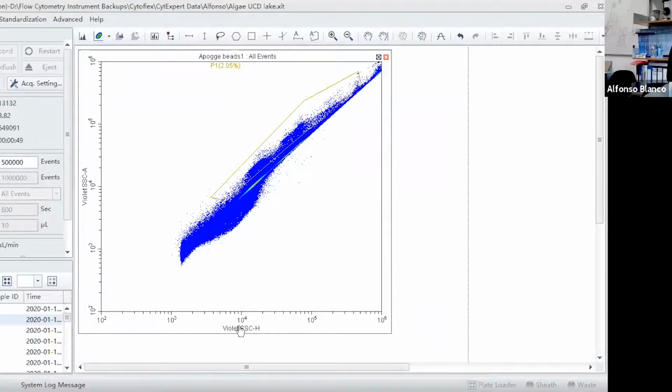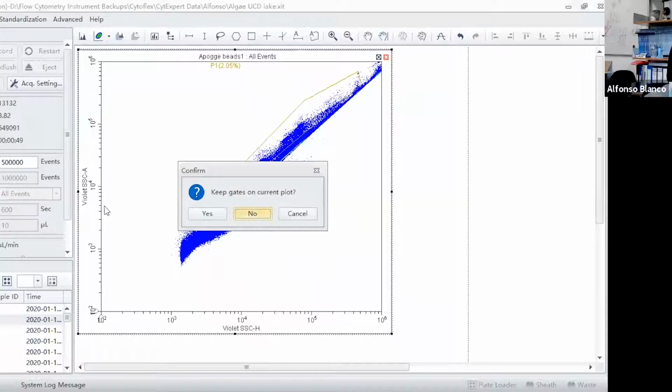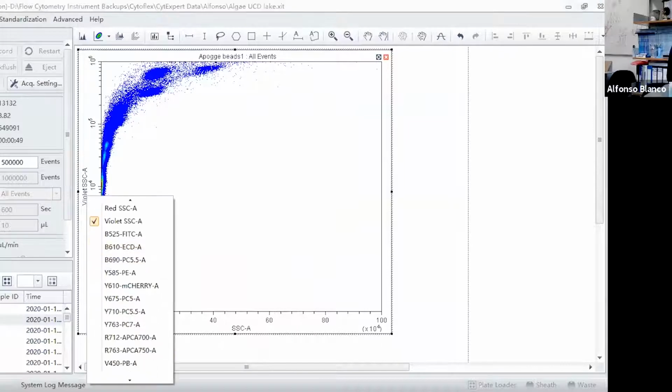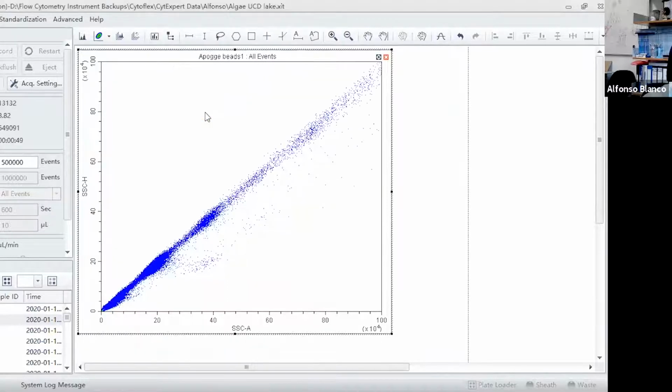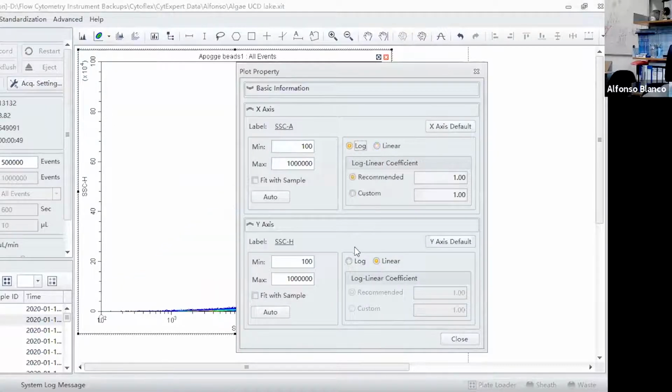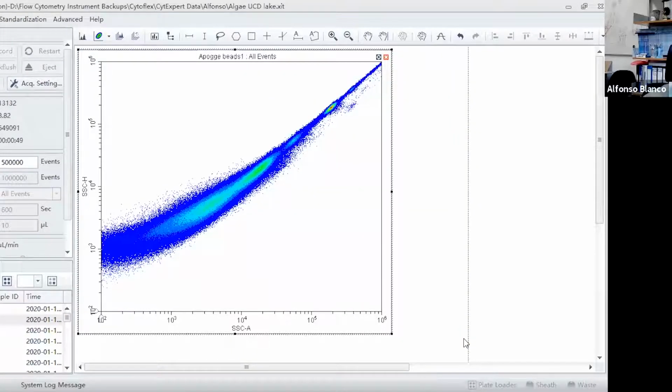You can use any combination of scatters. So you can see side scatter area and side scatter height. Again, this is in linear scale, back to the first question, and logarithmic scale for both of them. And again, you can see those aggregates going in parallel.